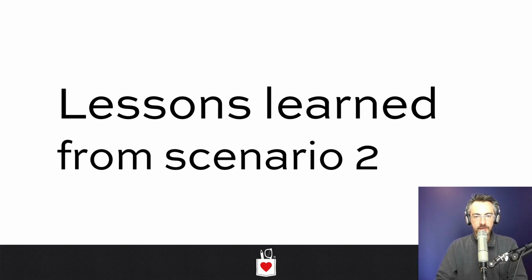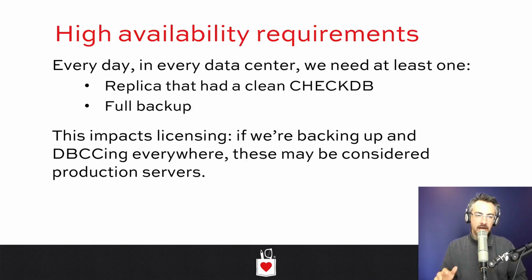So the lesson I learned out of scenario 2 is high availability over in DR means that I also need some kind of other replica, whether it's database mirroring or AlwaysOn Availability Groups. If I want automatic page repair, I need something else, and I need to be doing CHECKDB over there.